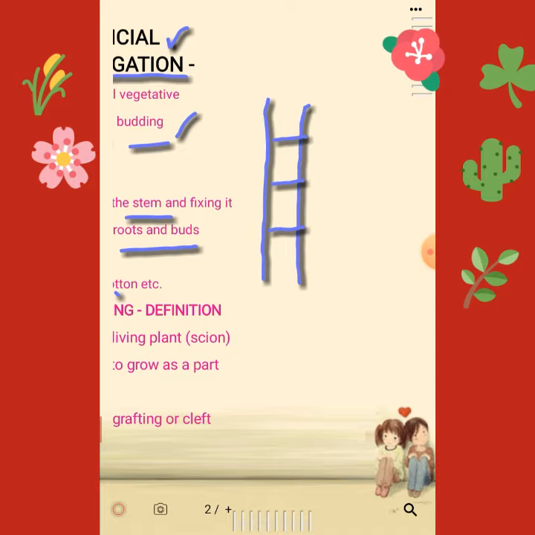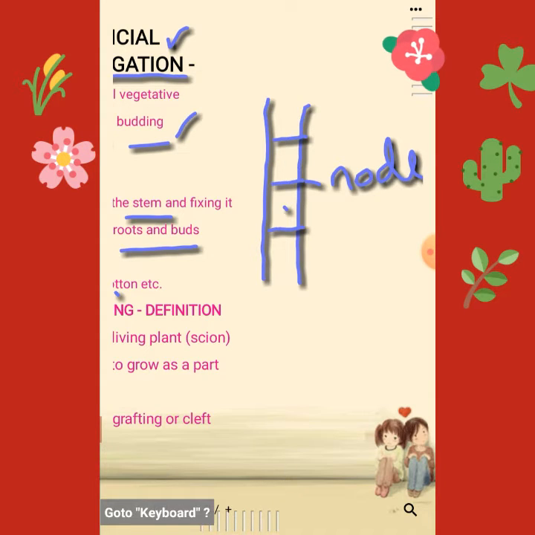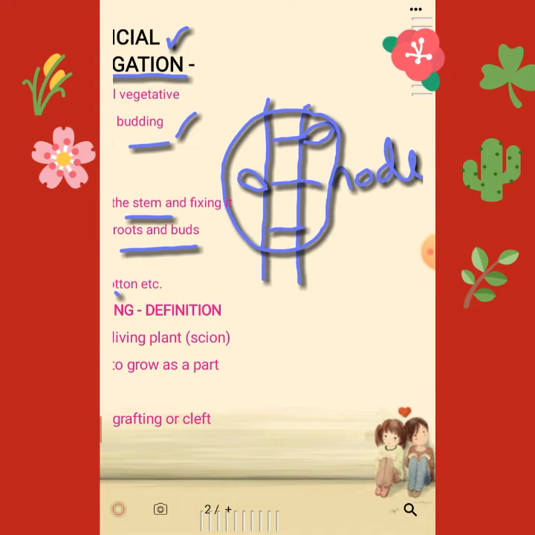These are the nodal areas, and the gap between node to node is known as internode. These nodes are having buds. So if a minimum of 2-3 nodes are there in the cutting of the stem part, when it is sown in the soil in favorable conditions, because of the presence of these buds, a new sugarcane plant can propagate.